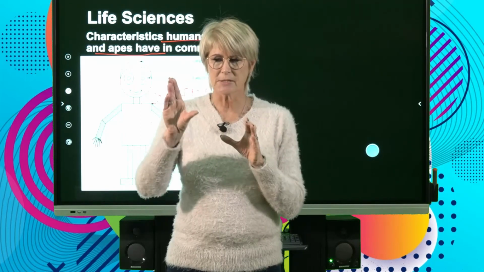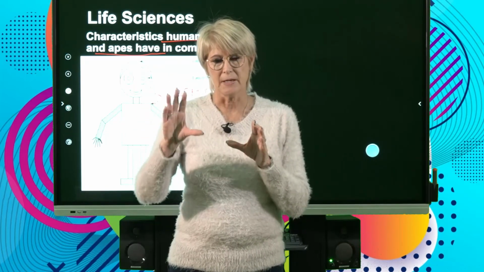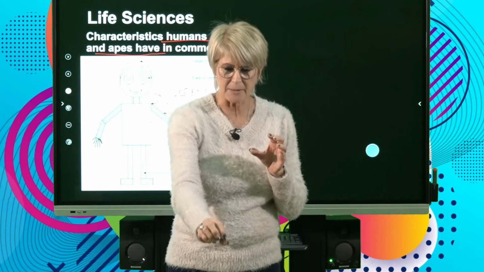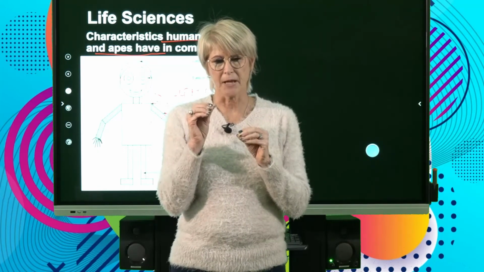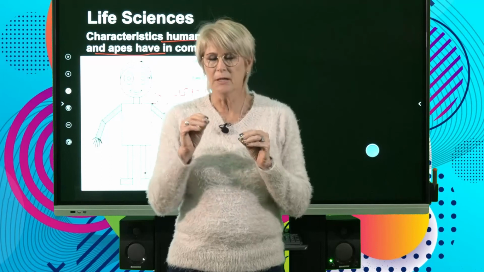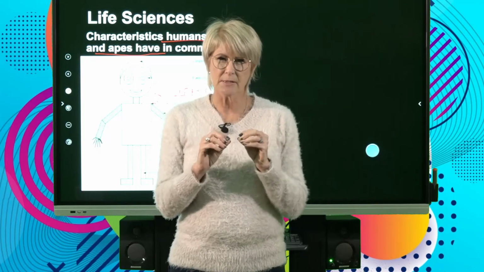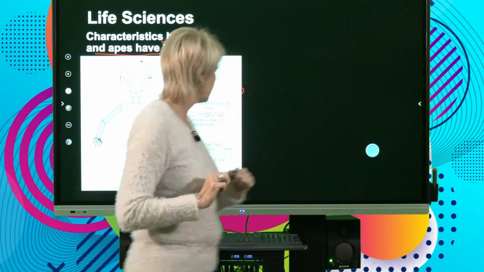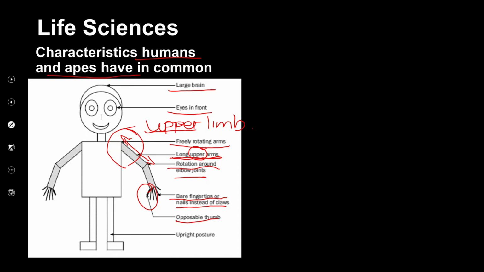In other words, it can help you to grip. It helps us with precision movement. I can pick up something small. I can do small things. So it basically sets us apart from other animals who don't have that opposable thumb. All right, and then the last thing that we have a look at is that we have an upright posture.